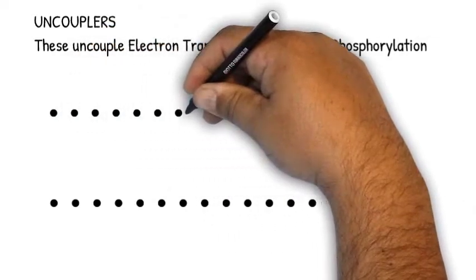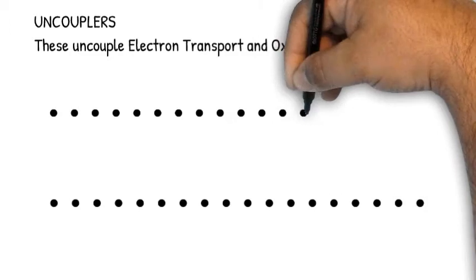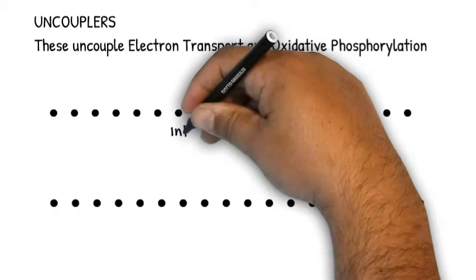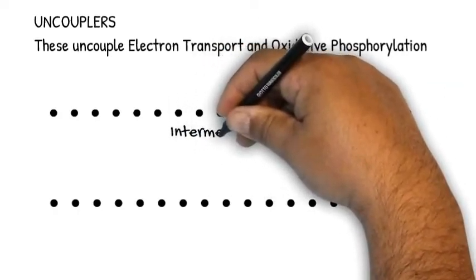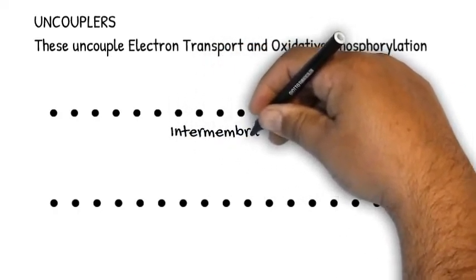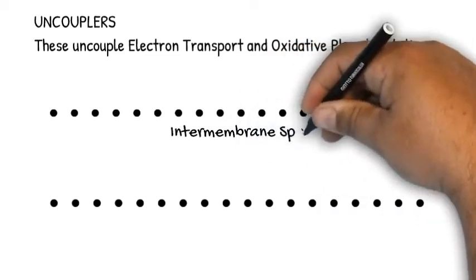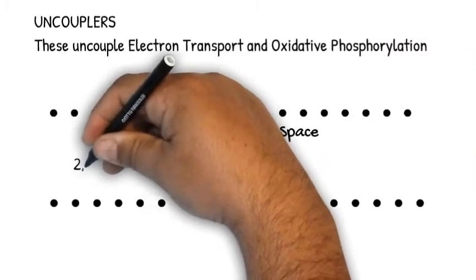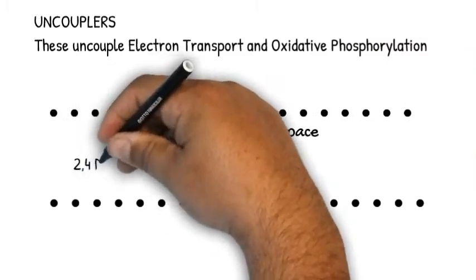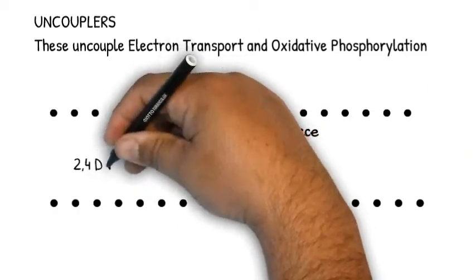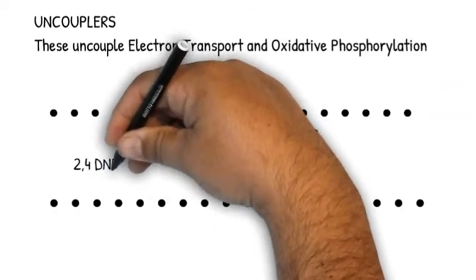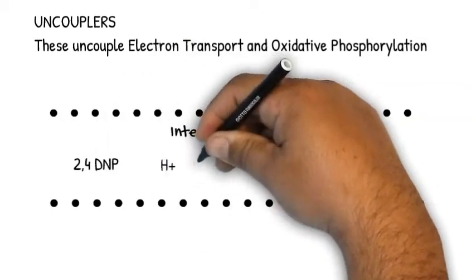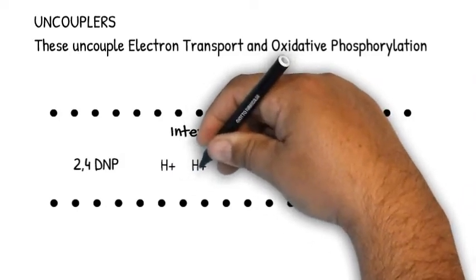And what these uncoupling agents do is that they bind the hydrogen ions in the intermembrane space, and they move these into the mitochondrial matrix. So this is not accompanied by the generation of any ATP. However, the transfer of the hydrogens back into the intermembrane space results in the generation of heat energy. So body temperature increases, oxygen consumption increases, but there is no accompanying synthesis of ATP in this process.